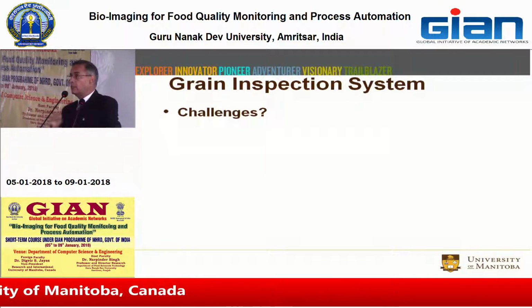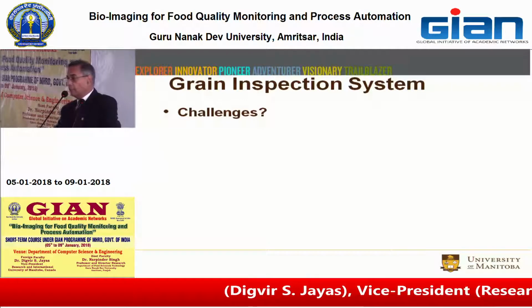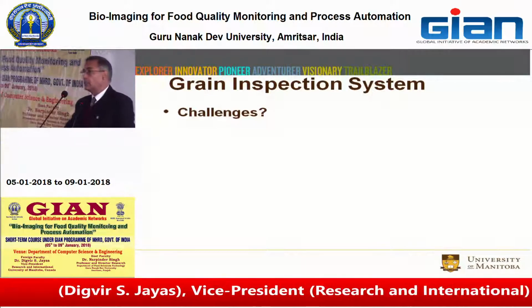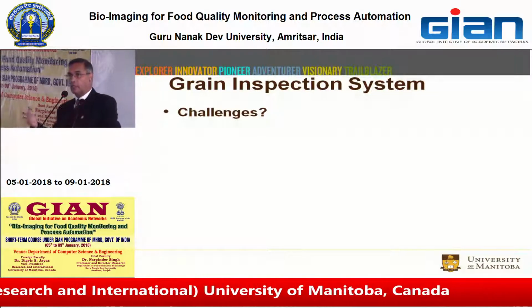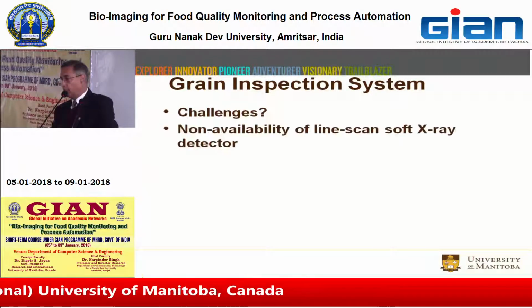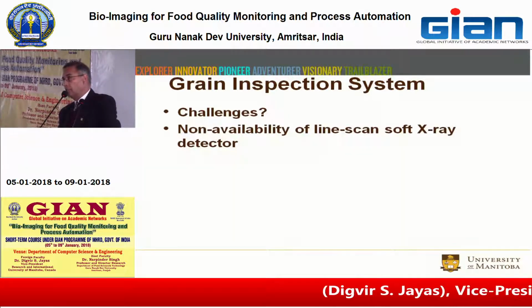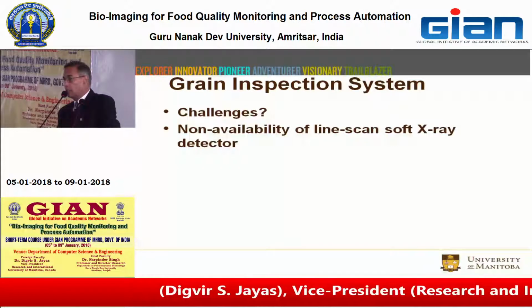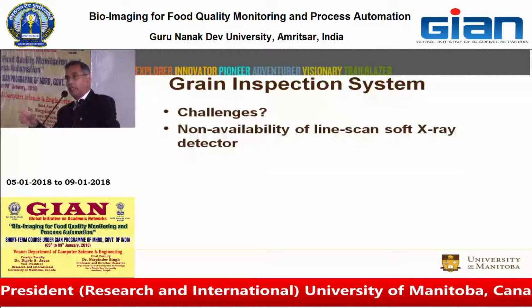But if you were only using histogram features and not any physical features, then it would not matter, because two or three kernels could be together and the histogram pattern would still be different between the sound kernel and the infested kernel. So in this case, the singularity of the kernels is not as critical as it would be in the visible spectrum. Ideally, you would want to do that.